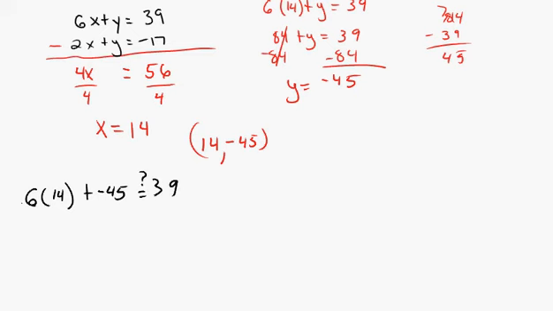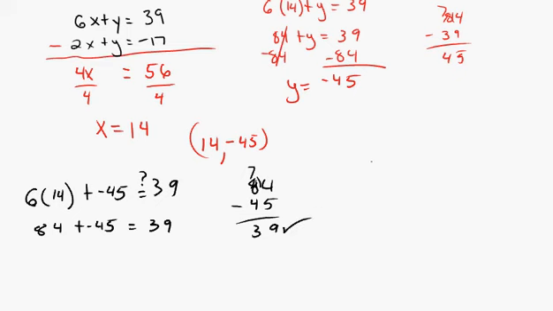Well, 6 times 14, again, we said that's just 84. And is 84 plus a negative 45, does that equal 39? Well, if I subtract those, 84 minus 45, we get 14 minus 5 is 9, and 7 minus 4 is 3. So we get 39. So it works with our first equation.